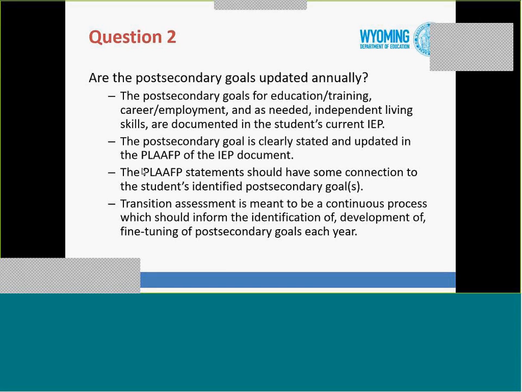The post-secondary goal is clearly stated and updated in the present levels of academic achievement and performance in the IEP. The PLAAFP statements should have some connection to the student's identified post-secondary goal. And transition assessment is meant to be a continuous process which should inform the identification of, development of, and fine-tuning of post-secondary goals each year.